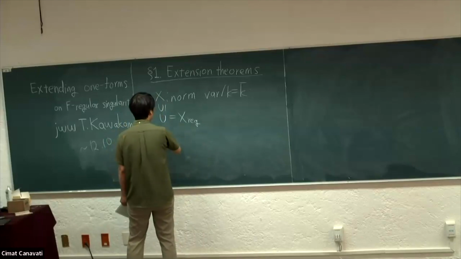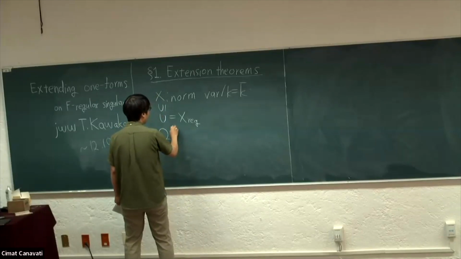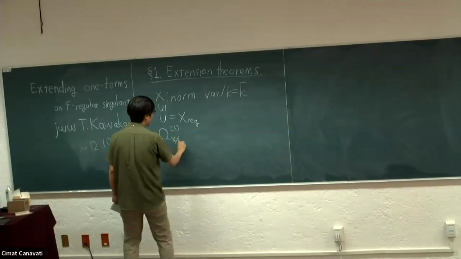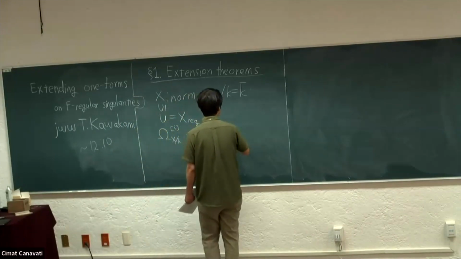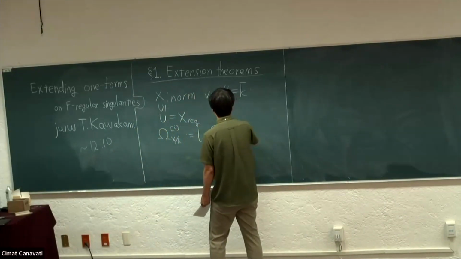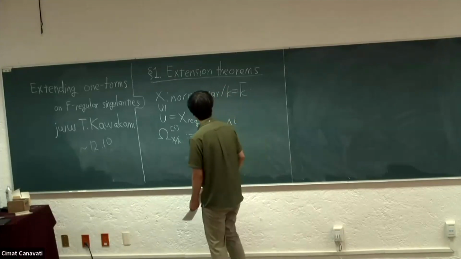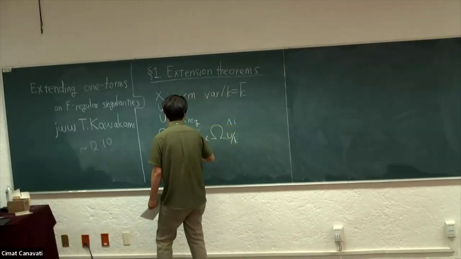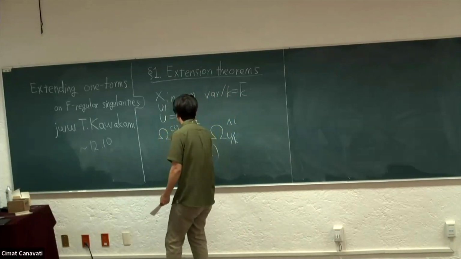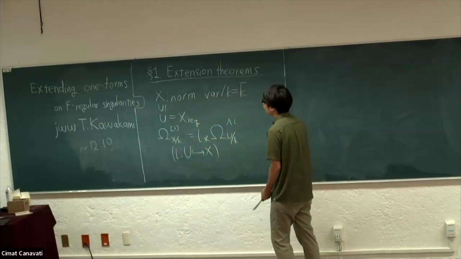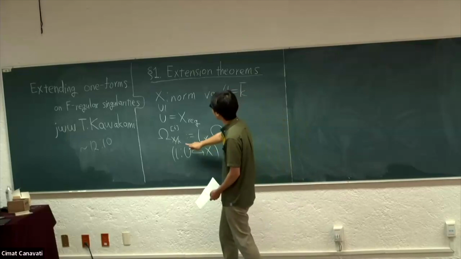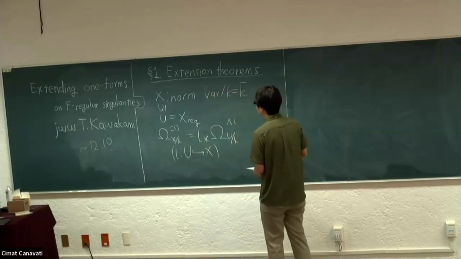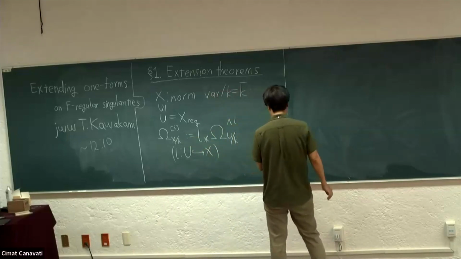Then we can define omega_X^[i], which is the pushforward of omega_U^i over k, where iota is of course the inclusion. So this is the reflexive hull of the i-th exterior power of the cotangent bundle. This is the main theme of today's talk.